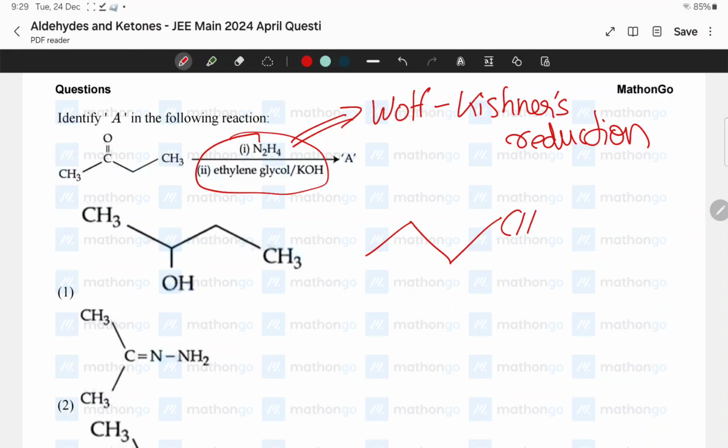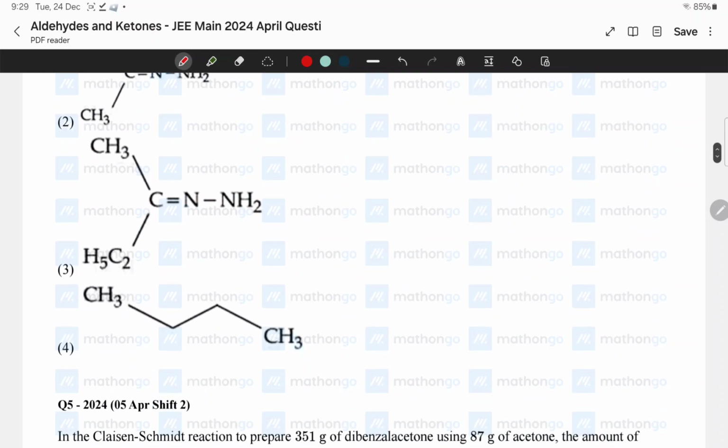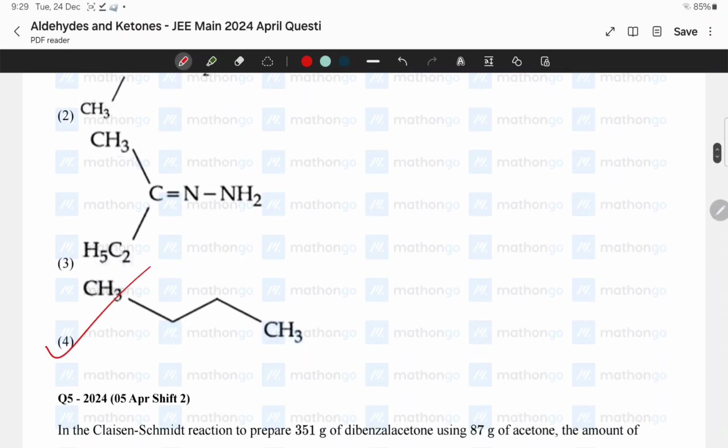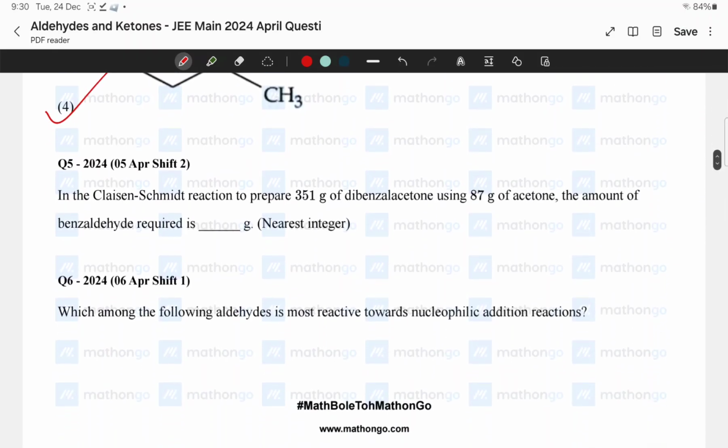Very simple, the ketone group will be changed to hydrocarbon. So our product will be like this. Let us find which among the options is the same. Yes, option D is the correct answer.